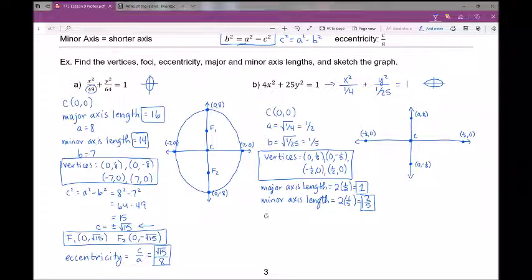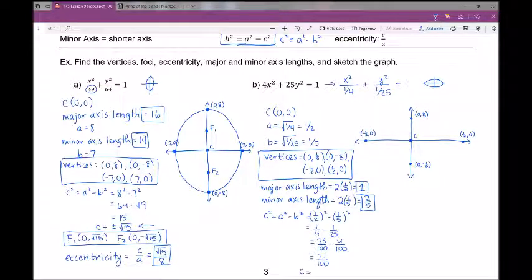So we know that C squared is equal to A squared minus B squared. And A is 1/2, so 1/2 squared minus 1/5 squared is 1/4 minus 1/25, which if we get common denominators, we're going to get 25 over 100 minus 4 over 100, which gives us 21 over 100.